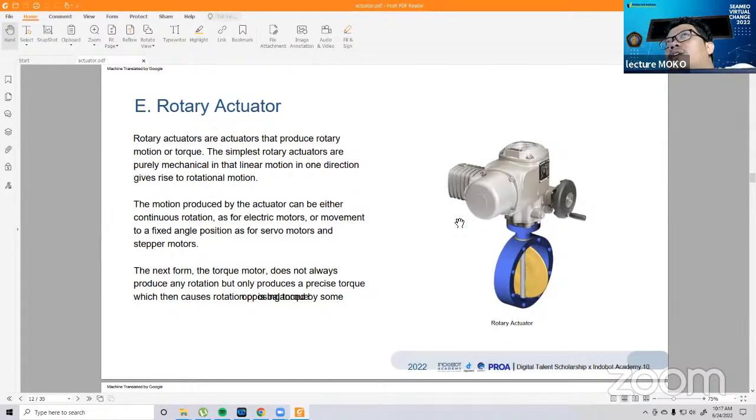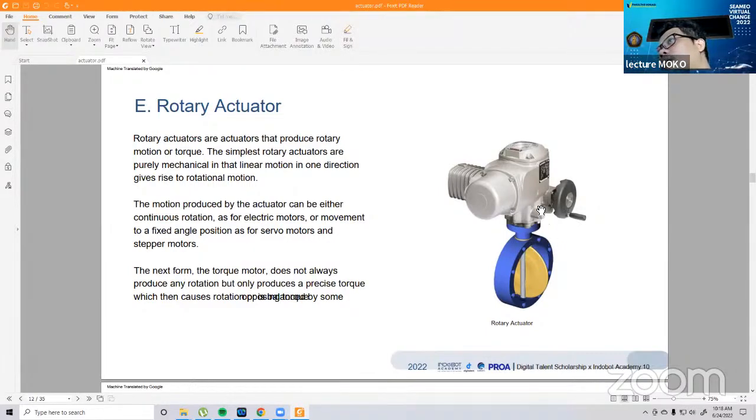And the next is the rotary actuator. So it is different from the linear actuator. For this system, the motion is rotary. So it will move rotary, not linear. For example, we can use this type of actuator in a piping system.